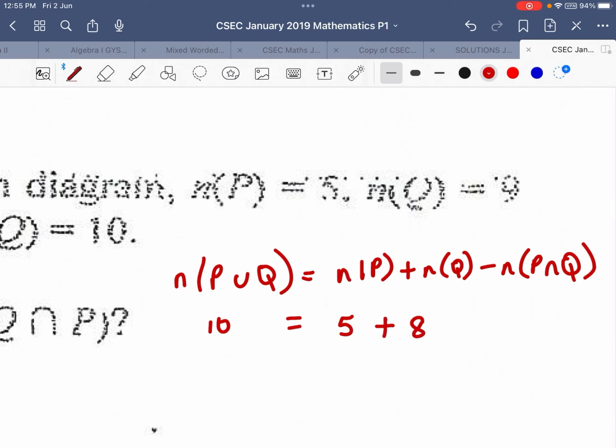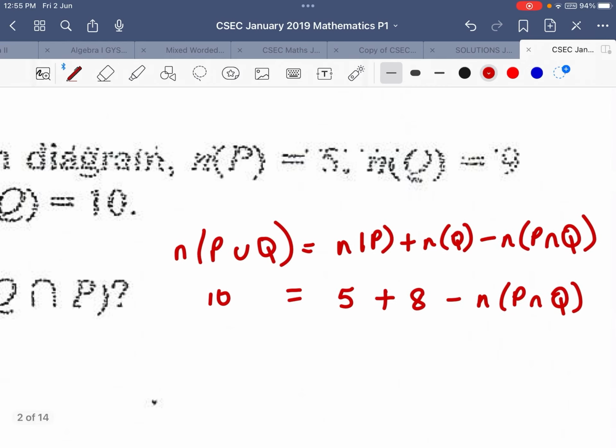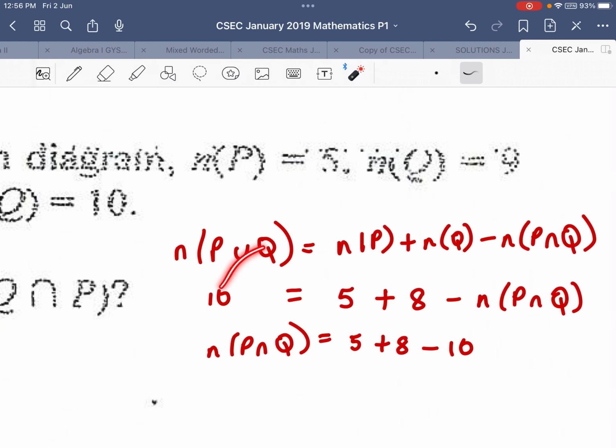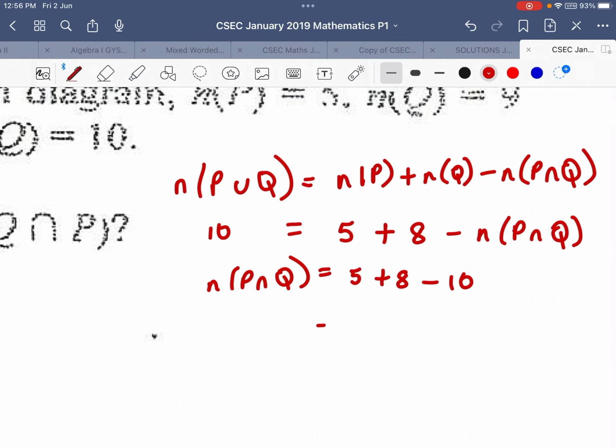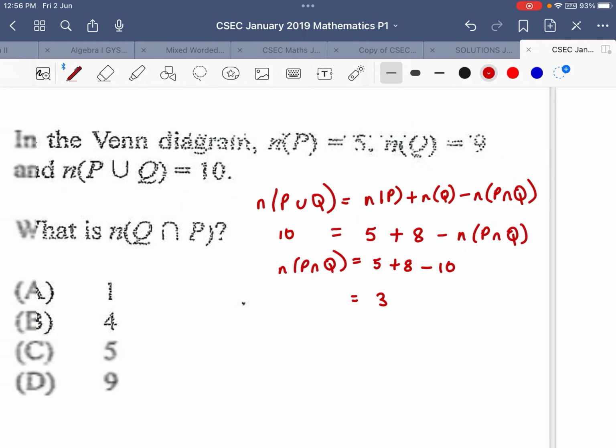So we have 10 is equal to 5 plus A, and the only thing we are looking for is n(P intersect Q). So I'm going to take this over to the left hand side, so it will become positive. That's what we're looking for. And then 5 plus 8 minus 10, I'm taking 10 over to the right hand side, so it becomes minus 10. 5 plus 8 is 13, 13 minus 10 is 3.